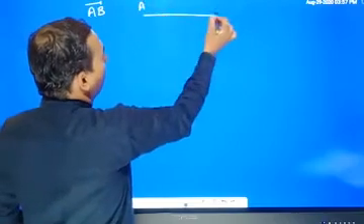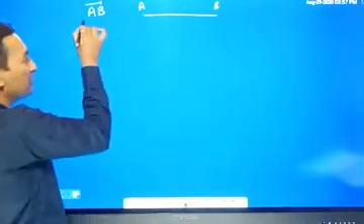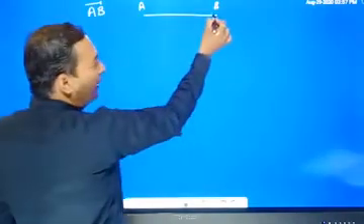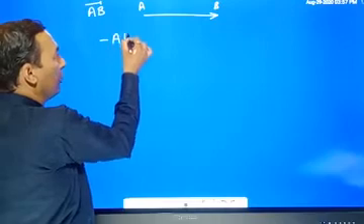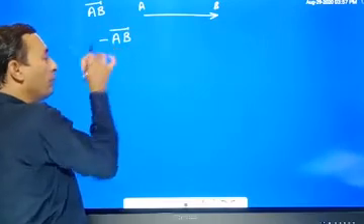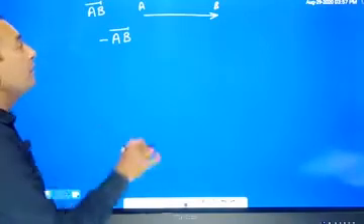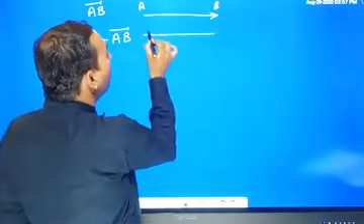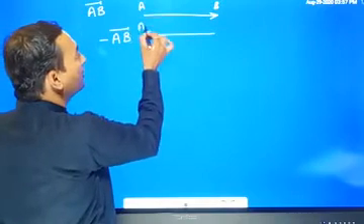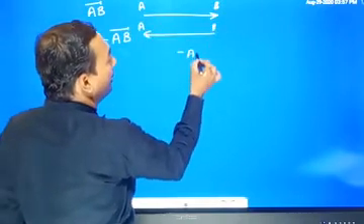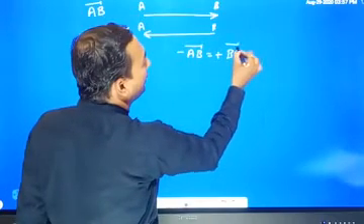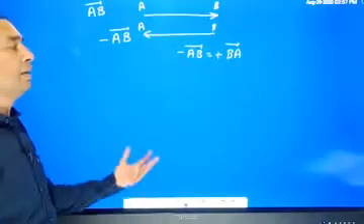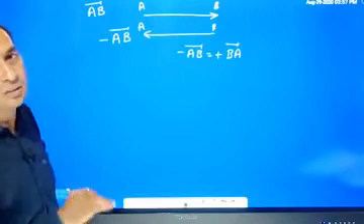This point is A and this point is B. The direction of AB vector is towards B, A to B, so this arrow is towards B. If we multiply this vector by a minus sign, minus AB vector, then the magnitude of that vector remains the same, but the direction of that vector is changed. Minus AB vector is equal to BA vector. Magnitude remains the same and direction becomes reversed, just opposite.